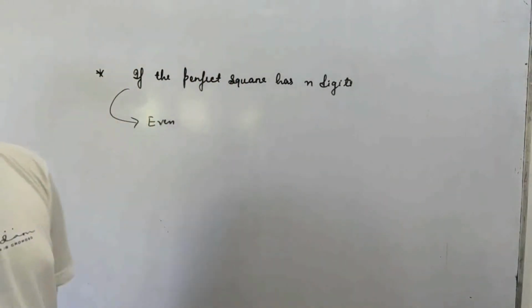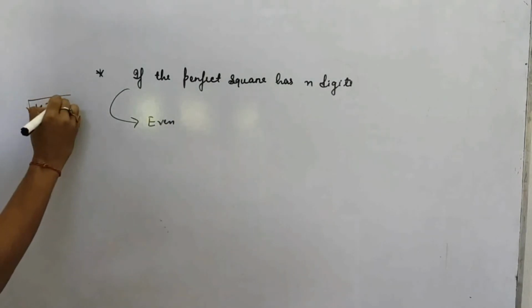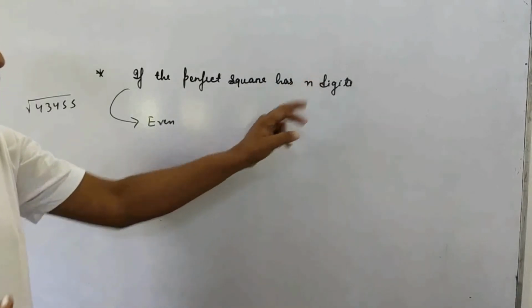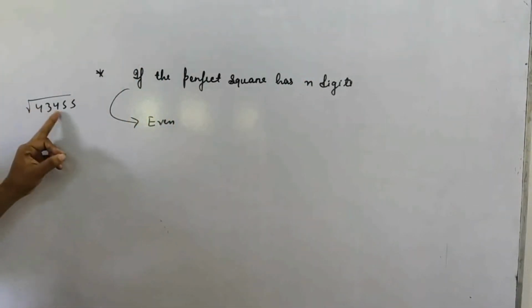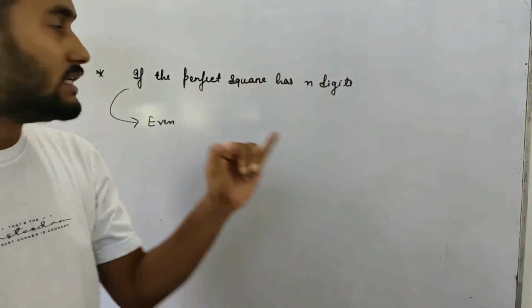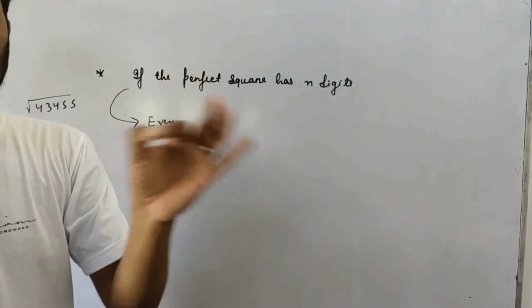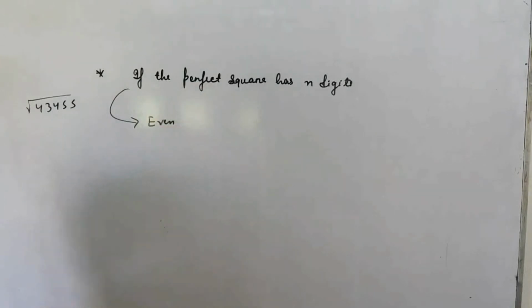Say the perfect square has n digits, like 4, 3, 4, 5, 5. How many digits? 1, 2, 3, 4, 5. N means the number of digits. This n means the number of digits in the perfect square. Understood? Overall, I have written n digits, where n is the number of digits in the perfect square.